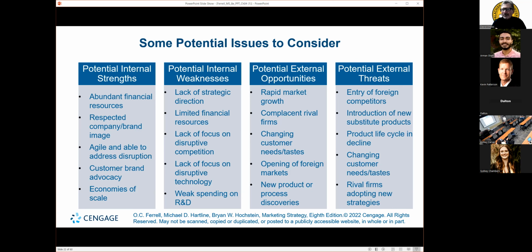And then finally, the external threats. The external threats, basically, if you want to categorize it, is what are the things that can knock me out tomorrow, that can put me out of business? And so if you notice, changing customer needs and tastes are also a threat as well as an opportunity. And that is a difficult thing. The product life cycle in decline is always a danger there.